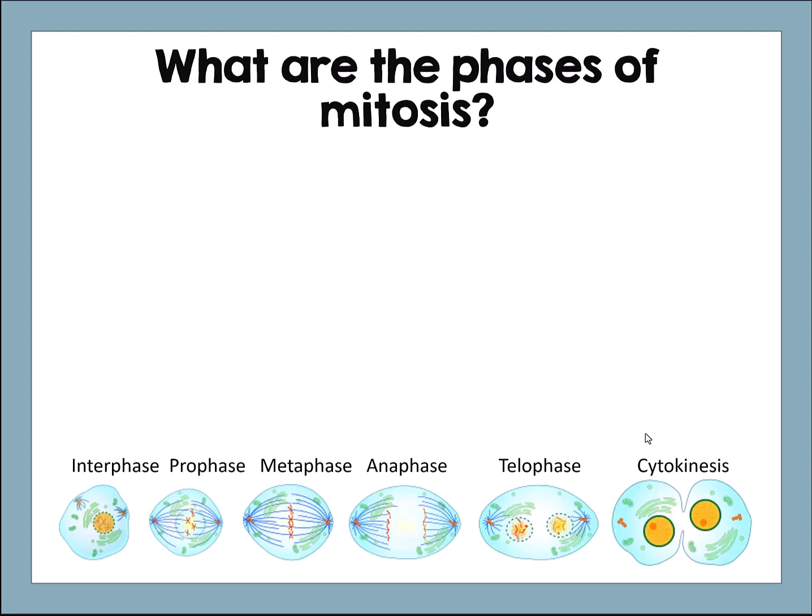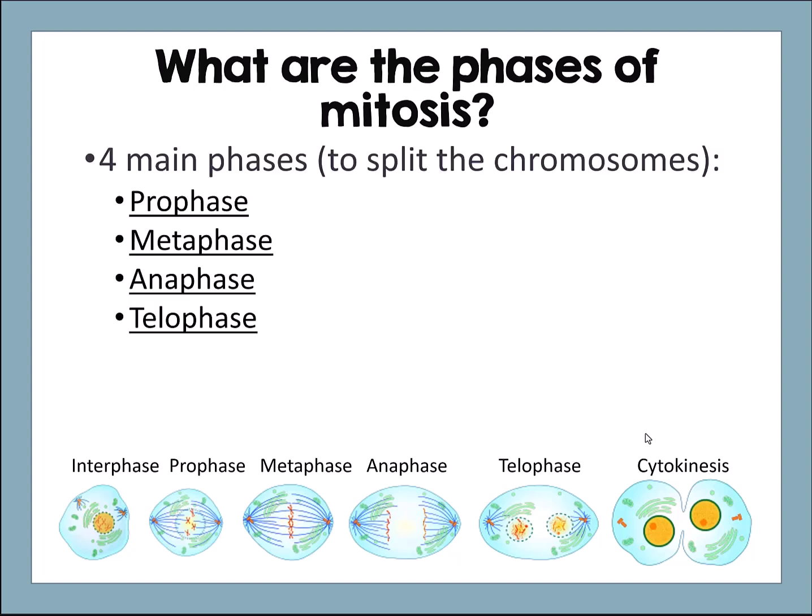So what are the phases of mitosis? Remember, this is a very small portion of the cell's life, but during this time there are several phases. The four main phases involve splitting the cell's chromosomes, because that is the most important part for the cell, to make sure that the chromosomes are duplicated and split correctly, because that's where all of the instructions for the new cells will come from.